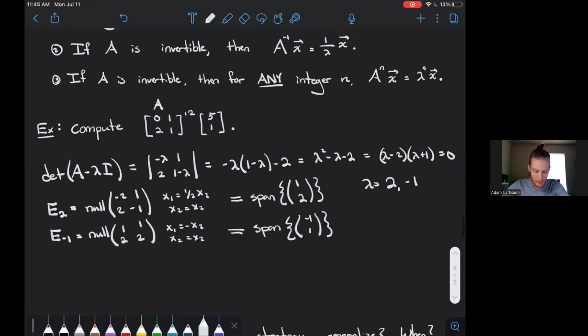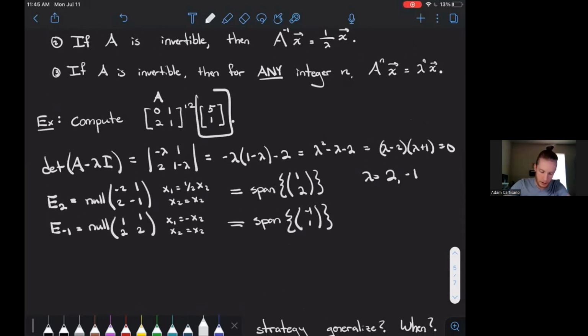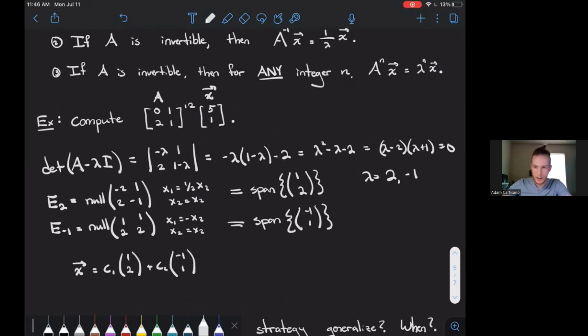That tells us that this vector 5, 1 that we're trying to compute, we'll call it x, equals c1 times 1, 2 plus c2 times -1, 1. In other words, x is a linear combination of eigenvectors. That's kind of powerful.